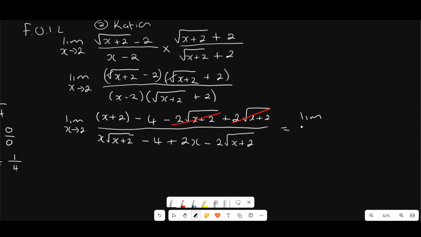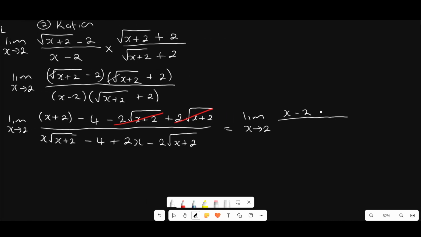So it will be the limit as x approaches 2 of x minus 2, and then all divided by, in this case here at the bottom I do not have any like terms, right? But here I can factorize by using grouping, if you know how to group. I see that here I have this common, these two common, so I'll assign those two in one bracket.